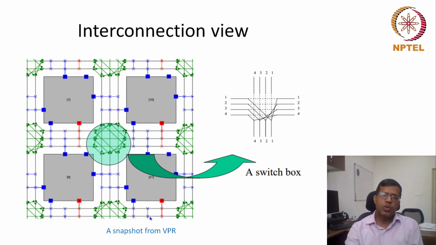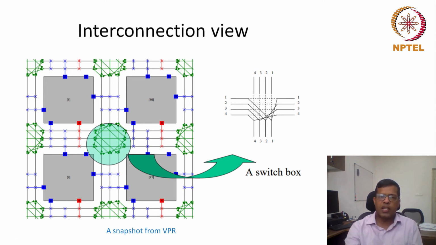Now one thing to notice here is that if we are using switch boxes, it doesn't matter whether input is connected to output or output is connected to input. For example, this is the input connection and the red ones are the output connections. This input connection can also be connected to the output connection or some of the other wires. So when we use transmission gates, they essentially become wires, and the concept of direction is not there.